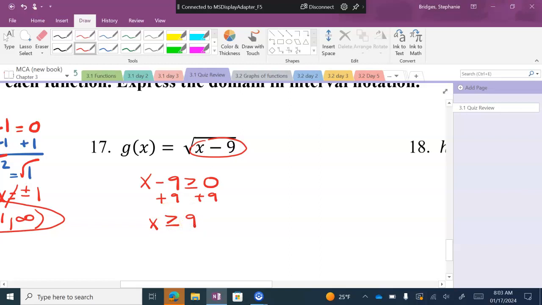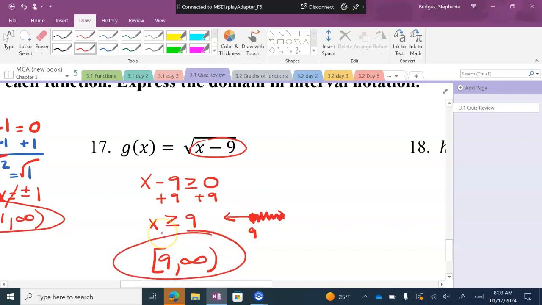What would that look like in interval notation? Bracket, and then 9 all the way to infinity. Again, if you need the number line to help you, you can always draw that. That's closed because of the equal to, greater than goes that way, and so that's where that interval notation comes from. It is a bracket because I can actually equal 9, okay, but you never put a bracket on infinities. Everybody okay with that one?